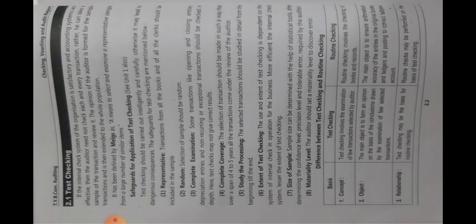It doesn't matter how many transactions there are, it is the entire books and records that the auditor will check. The object of test checking is to form an opinion on the basis of the conclusions drawn by the examination of a few selected transactions. Whereas in routine checking, the object is to ensure arithmetical accuracy of the entries in the original books and ledgers and posting to the correct ledger account.